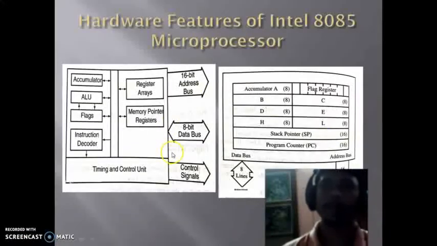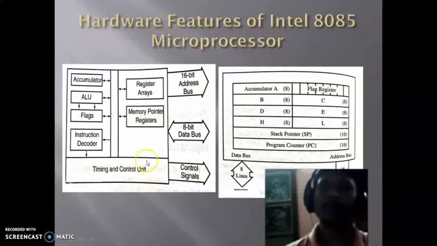Now, this is the basic internal architecture of the 8085 microprocessor, where we have the accumulator, which is basically a register, the ALU (arithmetic and logical unit), flags, which is also an 8-bit register, and the instruction decoder including the instruction register. We have a register array, and some memory pointer registers in the internal structure of the 8085 microprocessor.